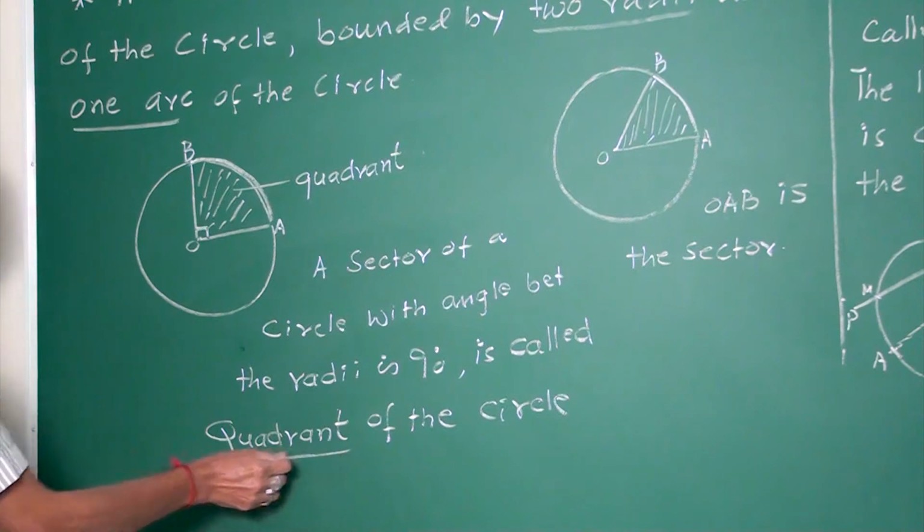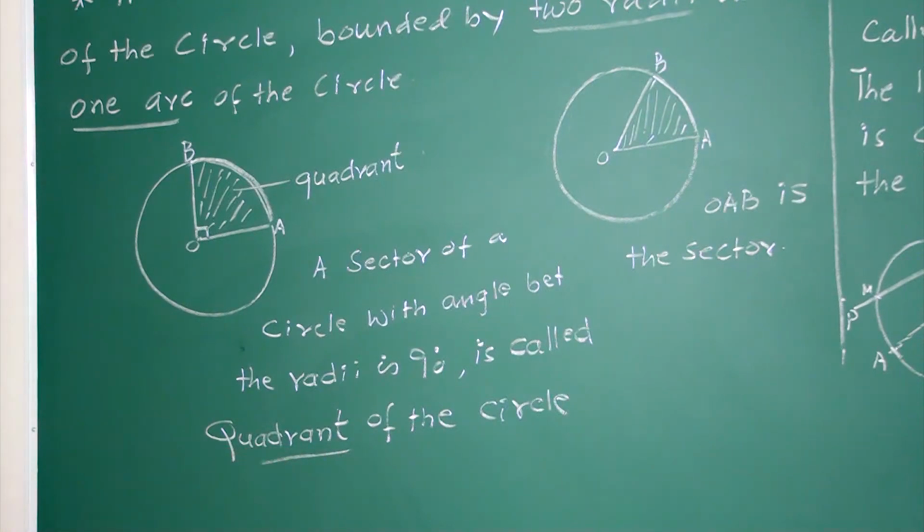This is known as the quadrant of the circle.